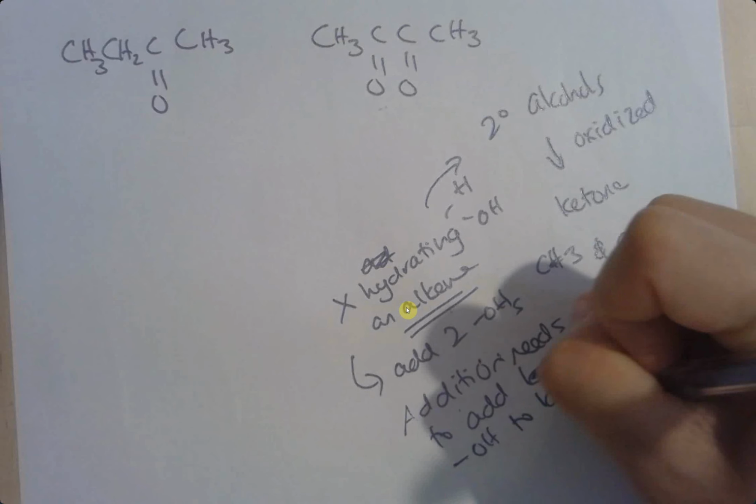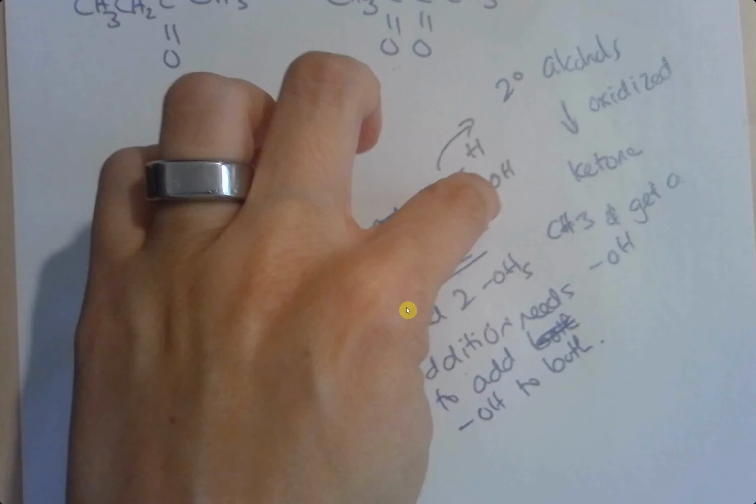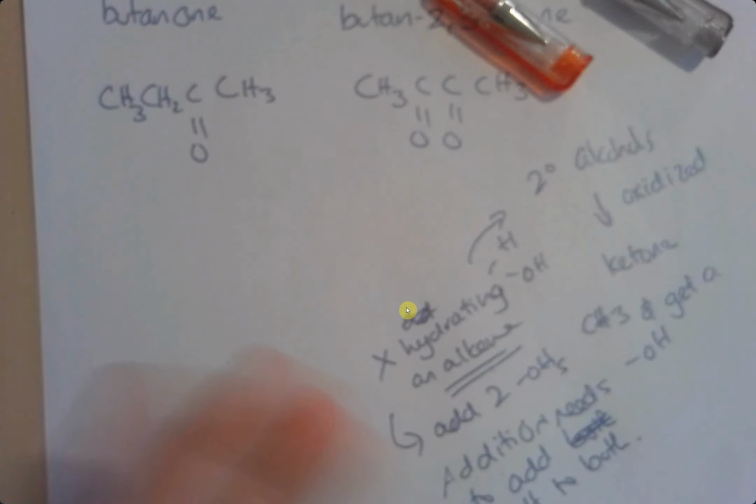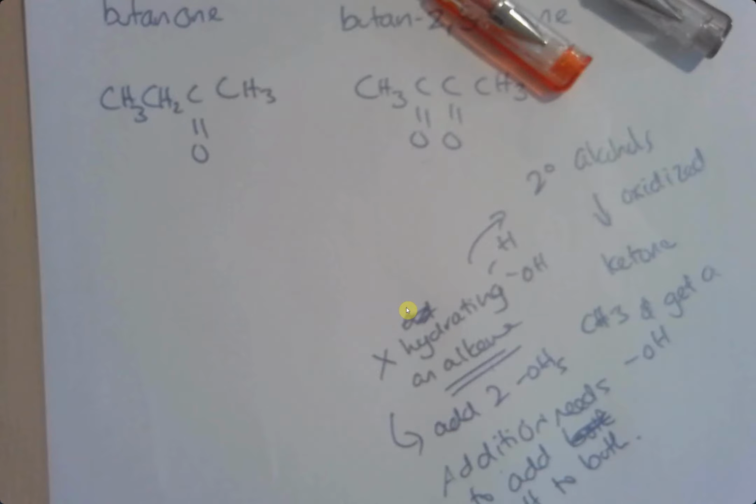And I hope that makes sense to you guys. Because if I just add that OH to one, remember that when I do that substitution reaction, that elimination reaction, and I remove the OH, if I just take the OH from this alcohol over here, I need both OHs on there. So let me show you what I mean as a big picture, and hopefully that thought process of what I was doing gives you an idea.